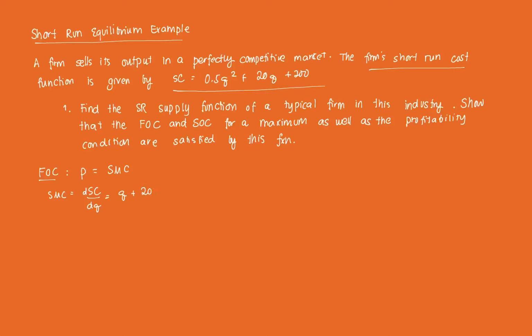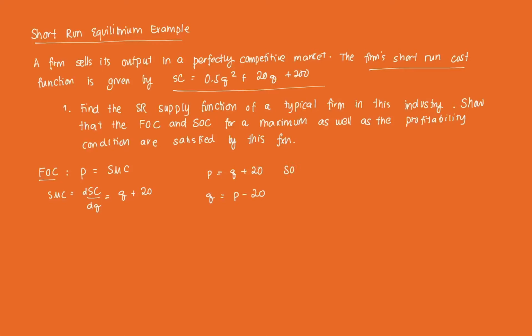Given that the firm has no control over the price P, the firm just requires that P is equal to SMC, which is P equals Q plus 20. Therefore, if we rearrange this with respect to Q, Q is equal to P minus 20.